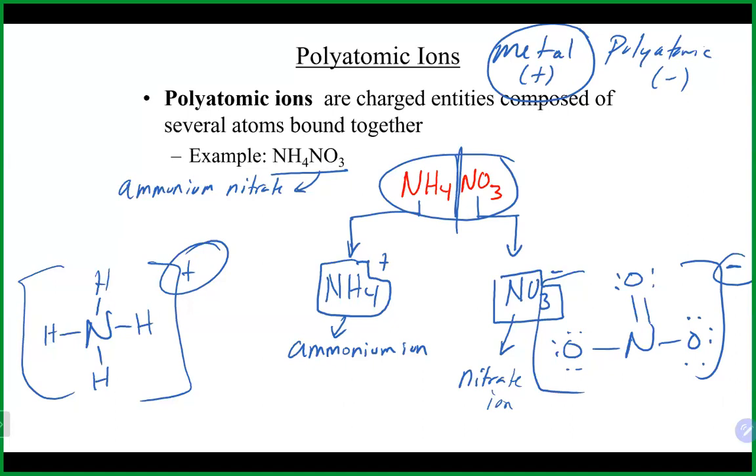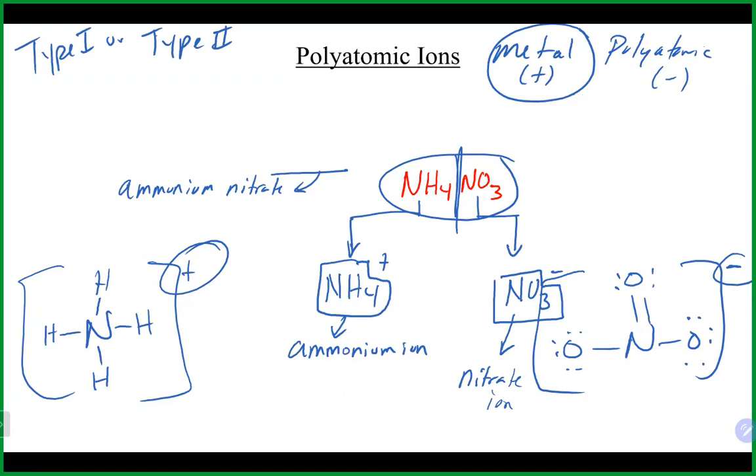So a lot of times we will fall back to our type 1, our type 2 naming when we're dealing with a polyatomic ion, because again, that metal sort of determines how you name it. So for example, let's say here we had Fe(NO3)2.